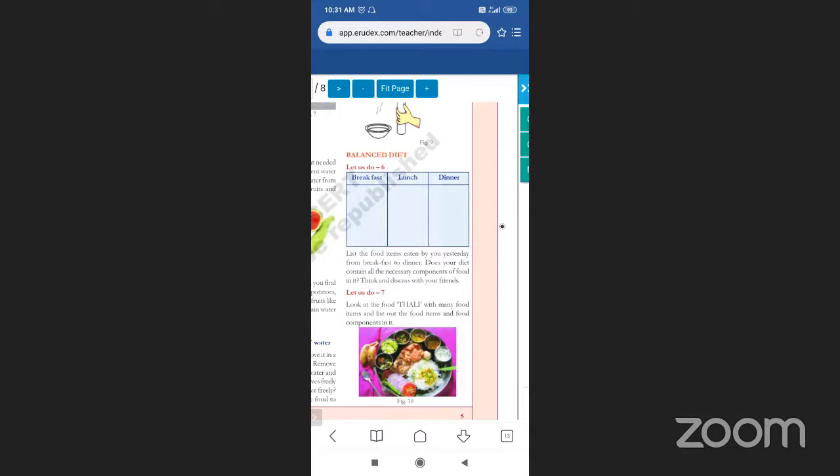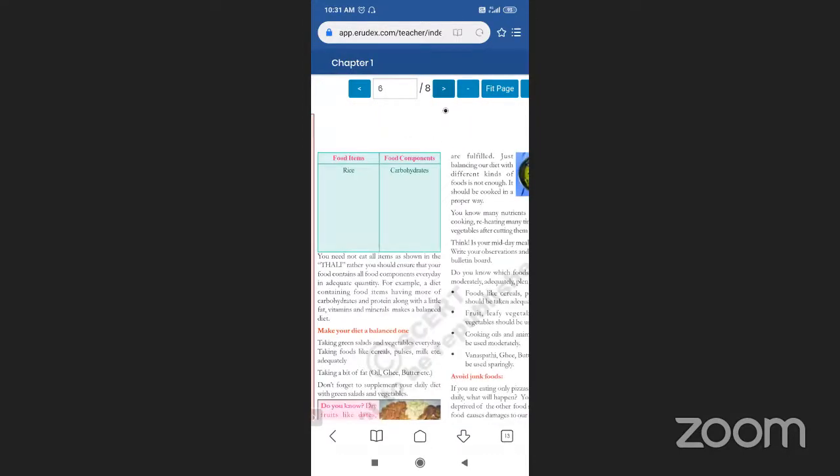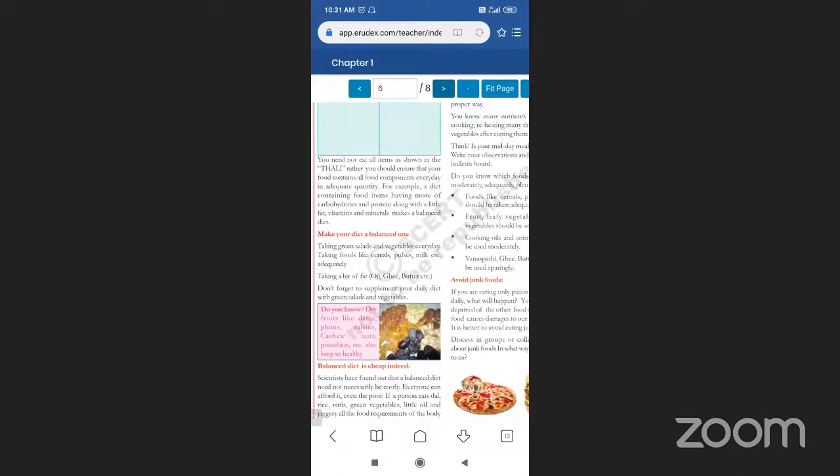Along with that, we need to take some other food items in less quantity. The food items you are taking in a large quantity are called macronutrients. Macro means we are taking in a large quantity.